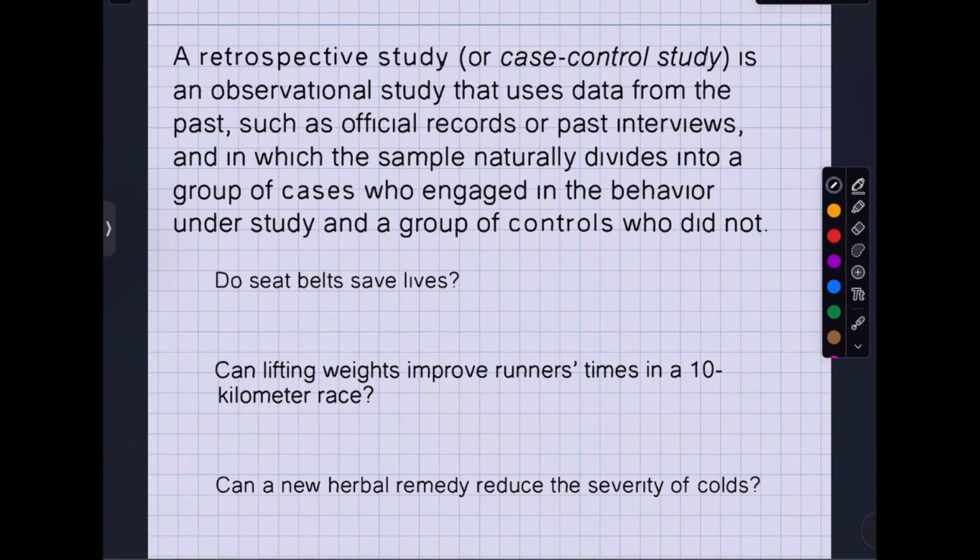Huh? Well, that's the reason why it's called a retrospective. It is literally something from the past.